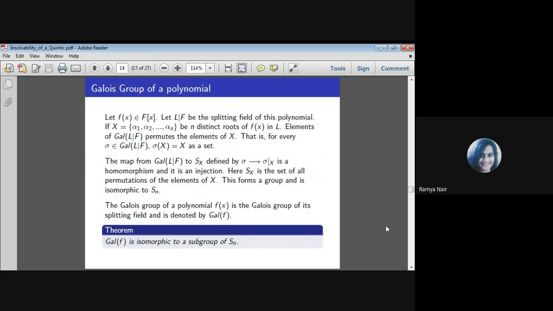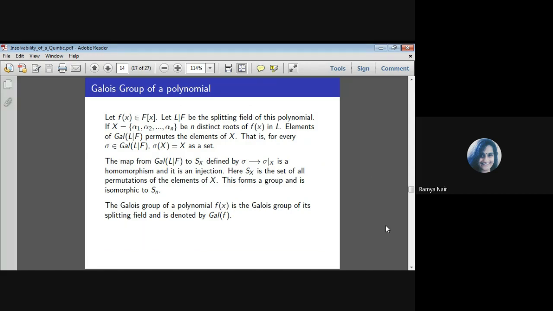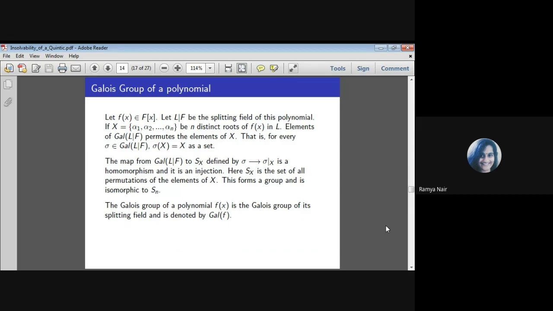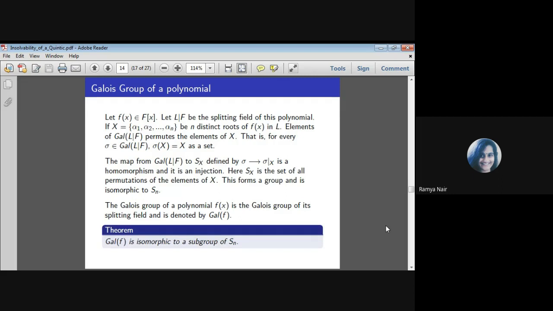By whatever we had discussed before, if f of x is a polynomial and L is the splitting field of that polynomial, and if X, which is alpha 1, alpha 2, up to alpha n, are all the n distinct roots of f of x in L, then what the elements of the Galois group do is just permute the elements of X. That is, for every element sigma, sigma of X equals X itself. As a set, it is permuted.